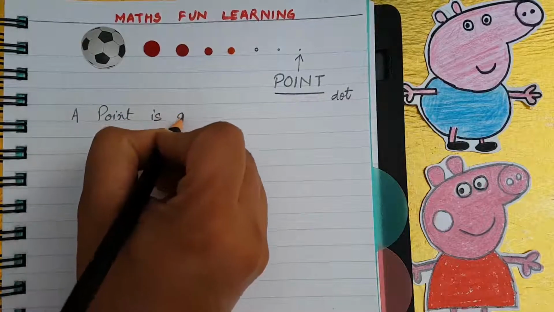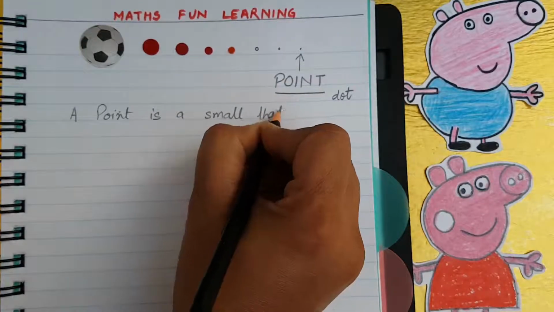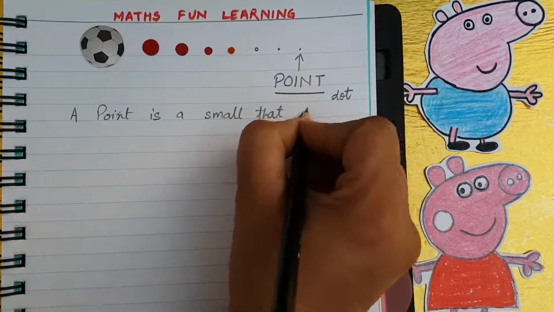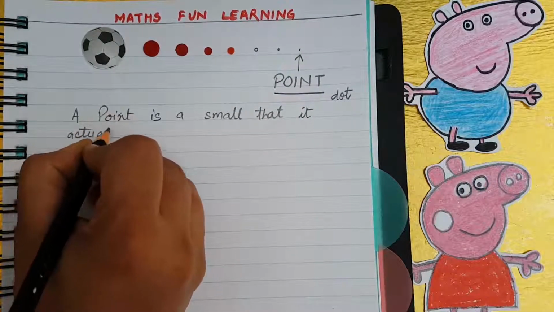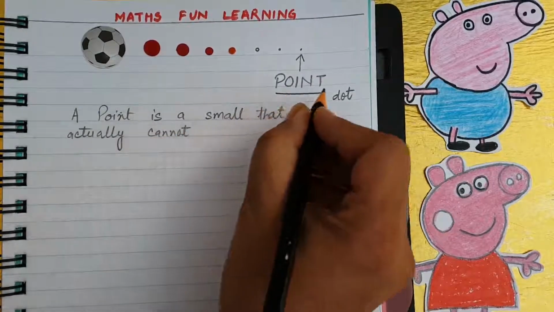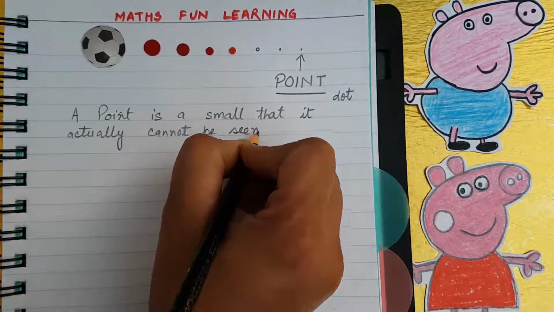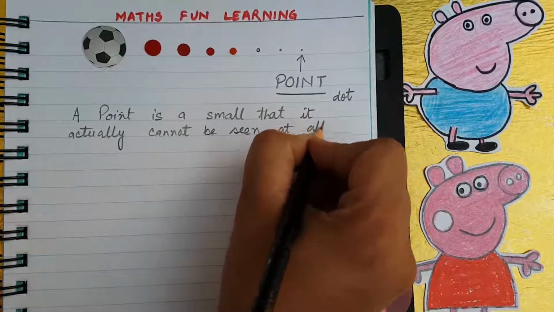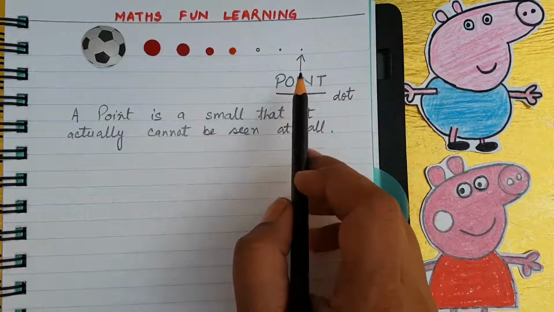A point is so small that it actually cannot be seen. You cannot see that point. It is very small in size, so we represent it with the help of a dot.